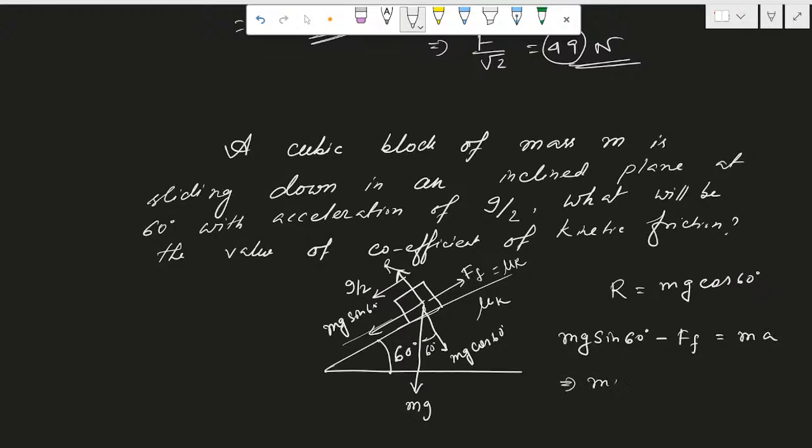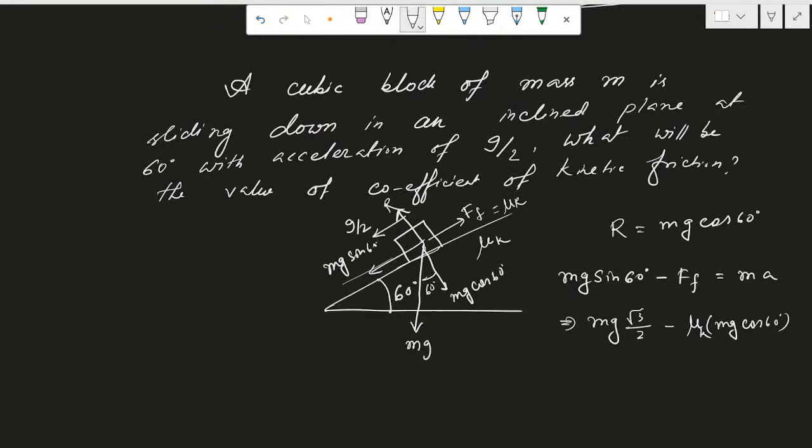So mg sin 60 is root 3 by 2, minus mu into R, which is mg cos 60, mu k, kinetic friction, equal to ma. M into a is g by 2, it is coming down with g by 2.